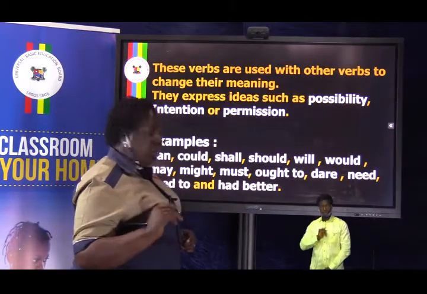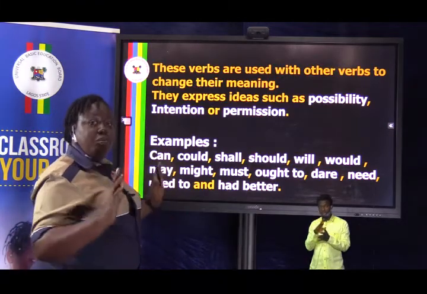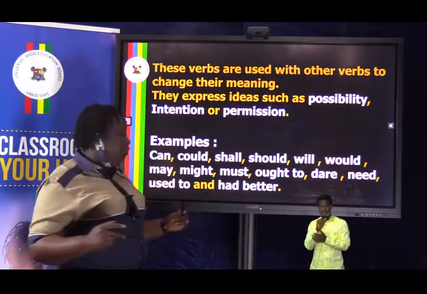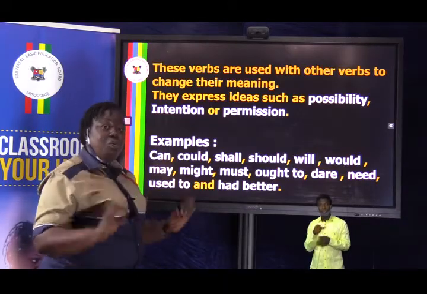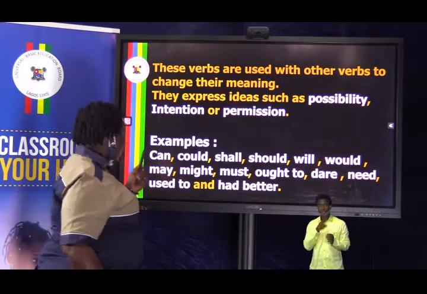You know, I always give you examples. Let's look at this. These are examples of modal auxiliaries or modal verbs. Let's read them one after the other together. Are you ready? Let's go.